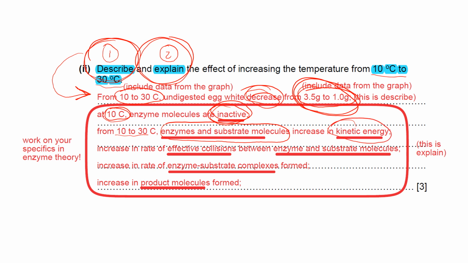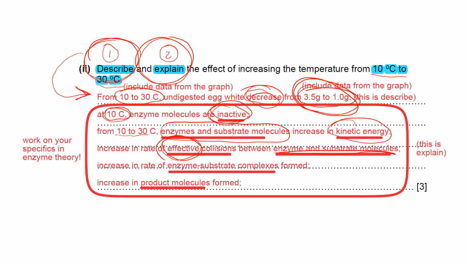And when they move faster and faster, they will collide with each other more. And even though they keep colliding with each other, they might not be able to fit into the active site of the enzyme. So the collision must be effective. Okay, so there must be more effective collisions between the enzyme and substrate molecules.